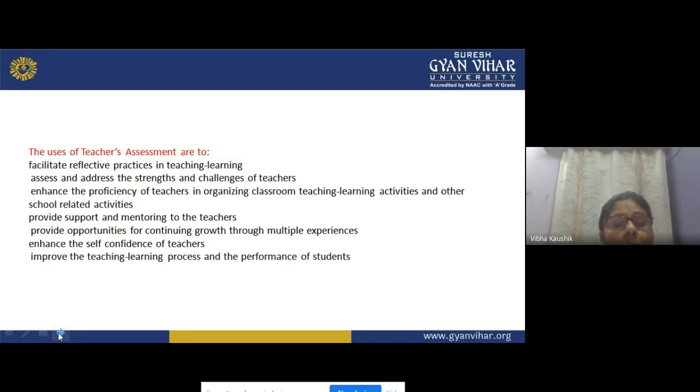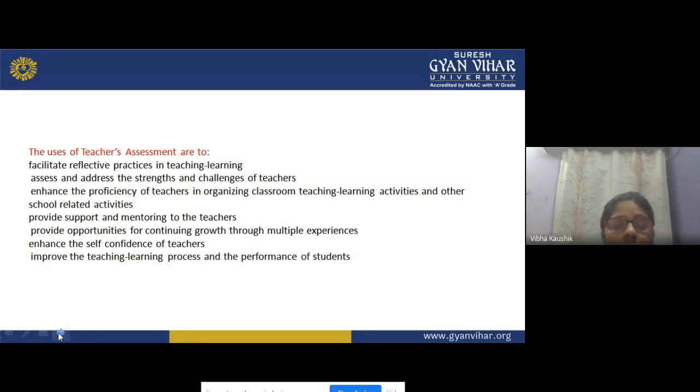Provide support and mentoring to the teachers, that is, how they can improve. Provide opportunity for continuing growth, as the teacher will know the weaknesses and work on them, and there is an opportunity for continuing growth through the multiple experiences they get during the teaching learning process.